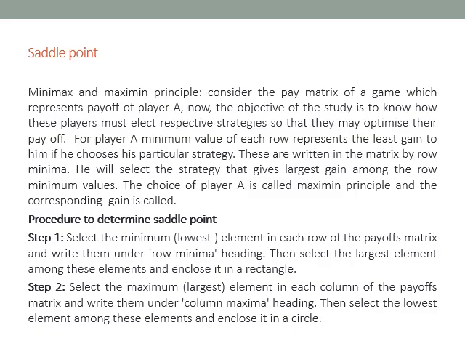For player A, the minimum value of each row represents the least gain to him if he chooses his particular strategy.